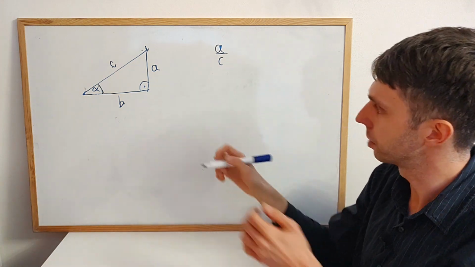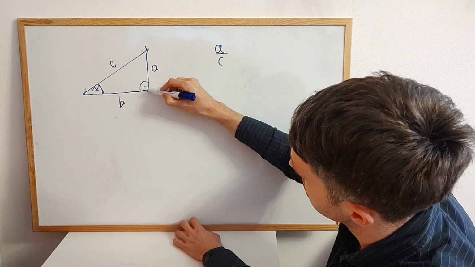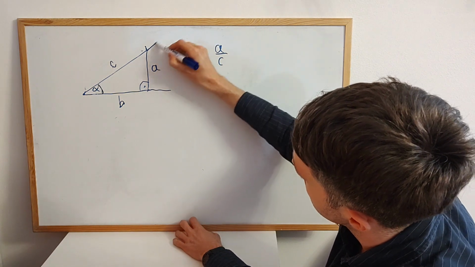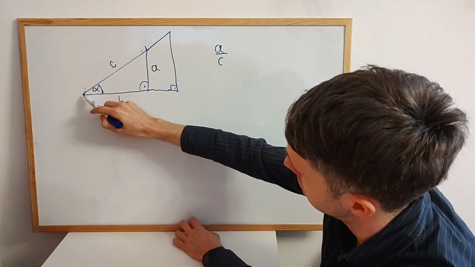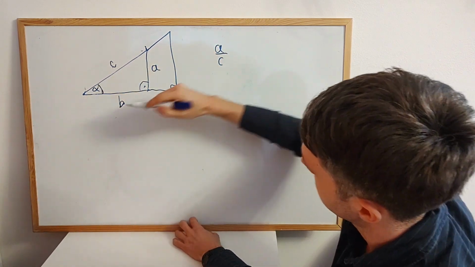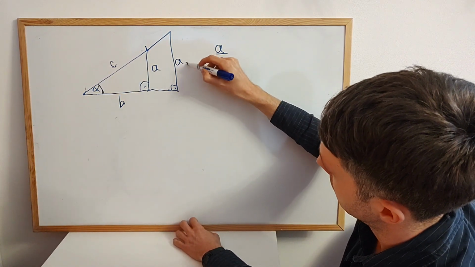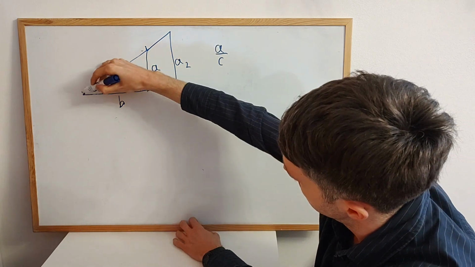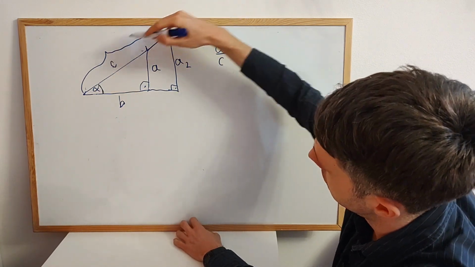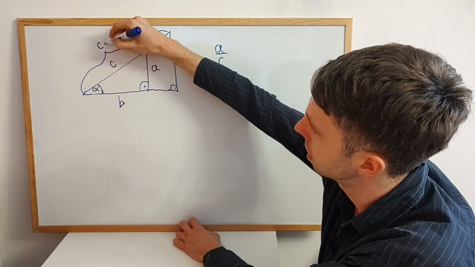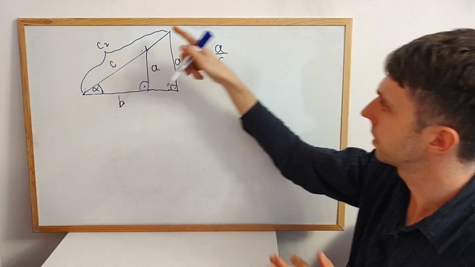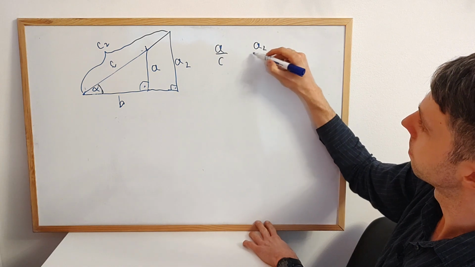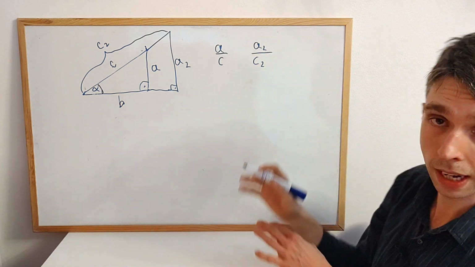Okay, and suppose you measure A, you measure C, and you divide A by C and you get some number. If you had another triangle, bigger one like this, and here it has, let's say, A2, and this big hypotenuse is C2, and you measure now A2 and C2 and divide them.